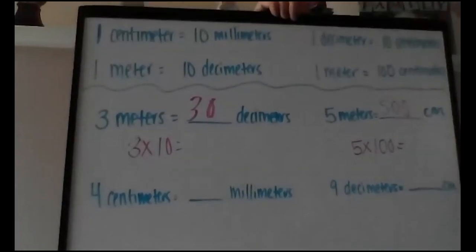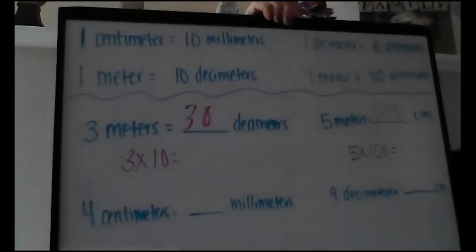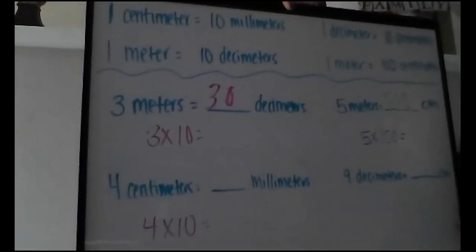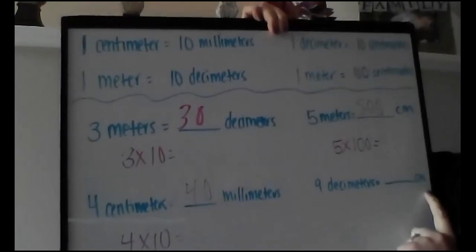Okay, 2 more. 4 centimeters equals how many millimeters? Well, I have 1 centimeter equaling 10 millimeters. So if I have 4 of those centimeters, you should be thinking or writing down 4 times 10. There are 10 in 1, so 4 times 10 equals, you guessed it, 40 millimeters. All right, last one. 9 decimeters equals how many centimeters?